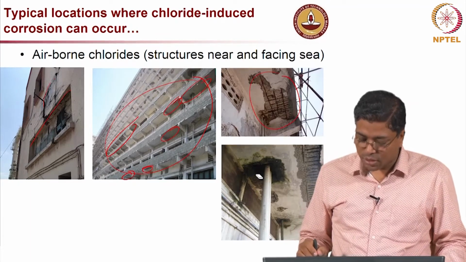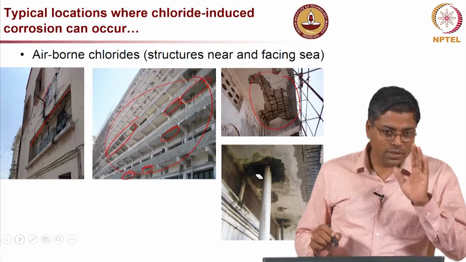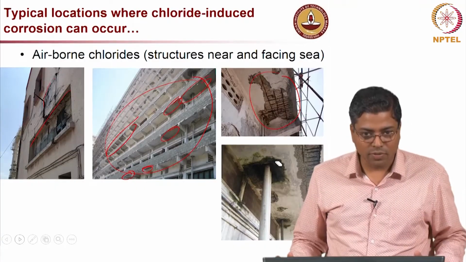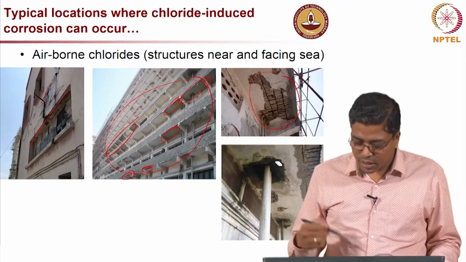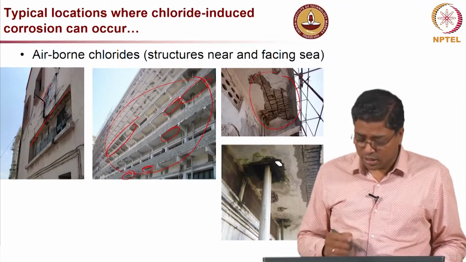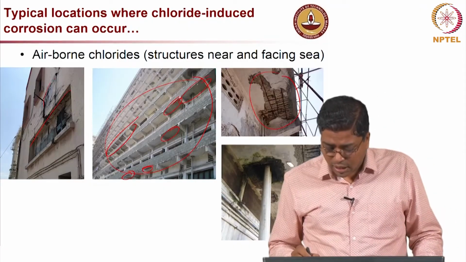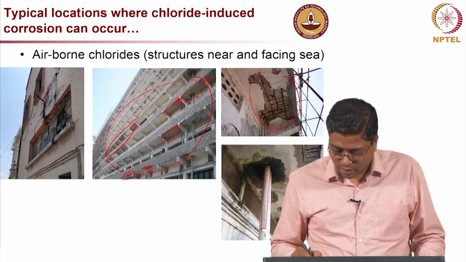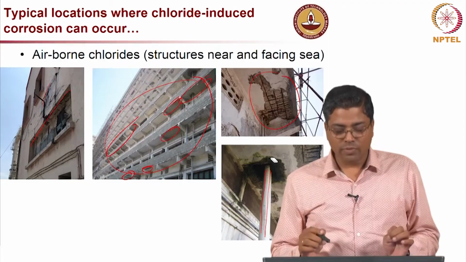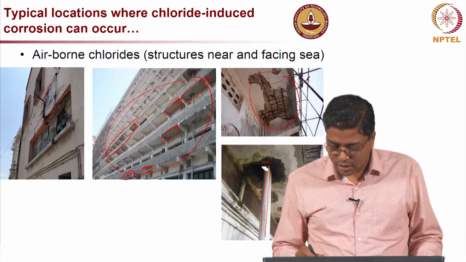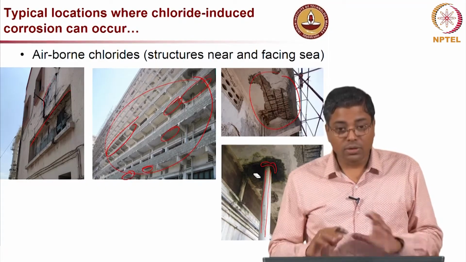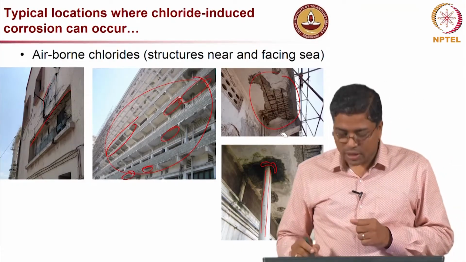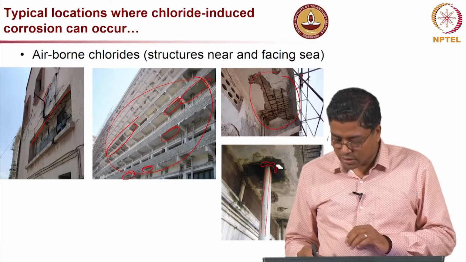Another thing to mention is, as I mentioned earlier, moisture and oxygen are essential for corrosion to happen, especially when we talk about reinforced concrete elements. Here you can see a drain pipe, and usually we do not give any space around the drain pipe. When we drill a hole through a concrete element, we pack that whole region with mortar.